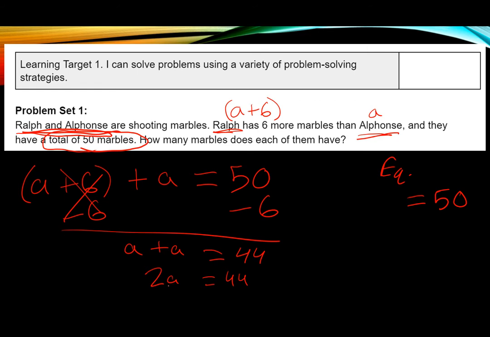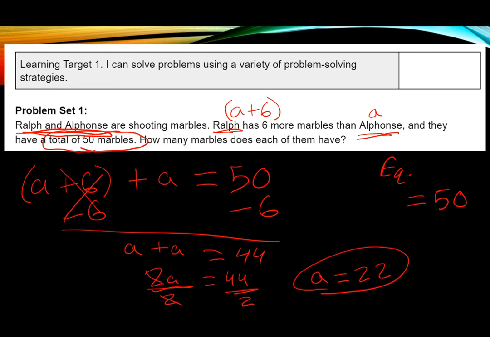And here it's saying twice of what Alphonse has, or double what Alphonse has. And so the opposite of multiplying, because I want to get a by itself, would be to divide by 2. So if I divide 44 by 2, I'm going to get 22. And 2a divided by 2 is going to leave me with just a, right? This 2 and this 2 would cancel out. So here we have a equals 22.